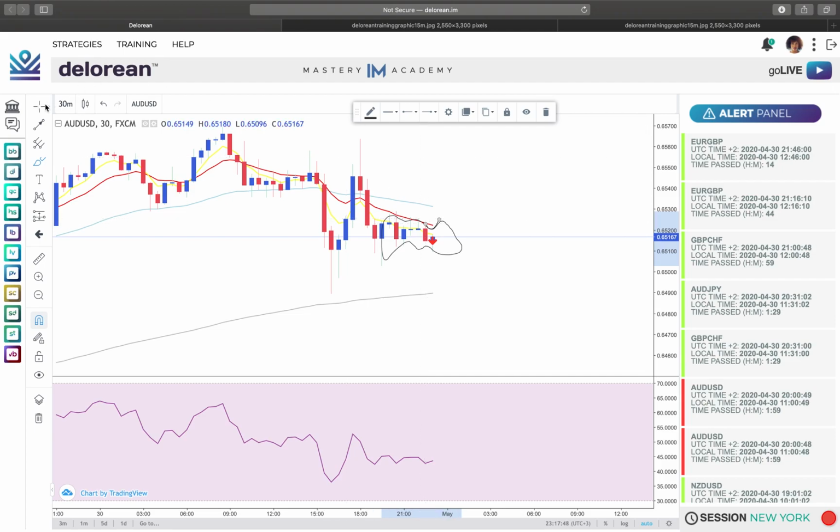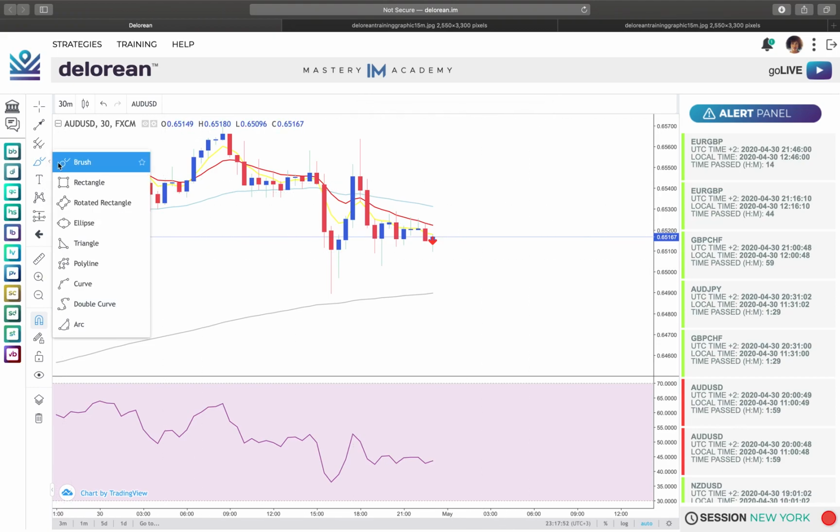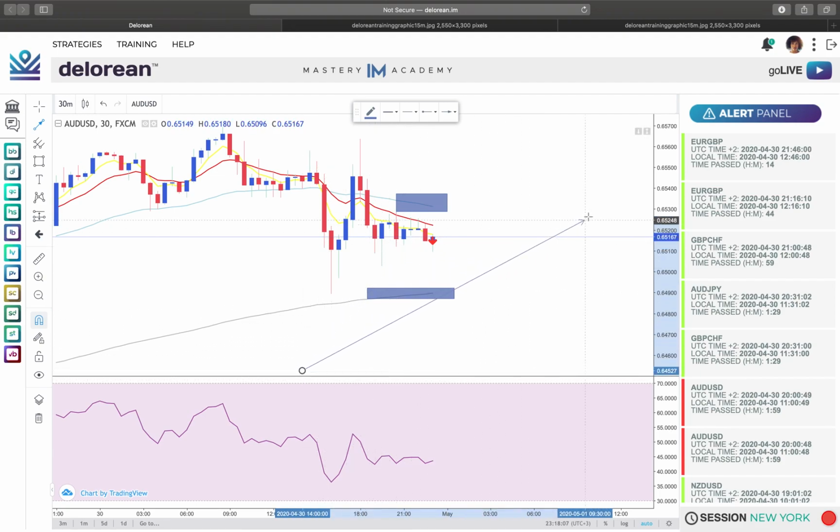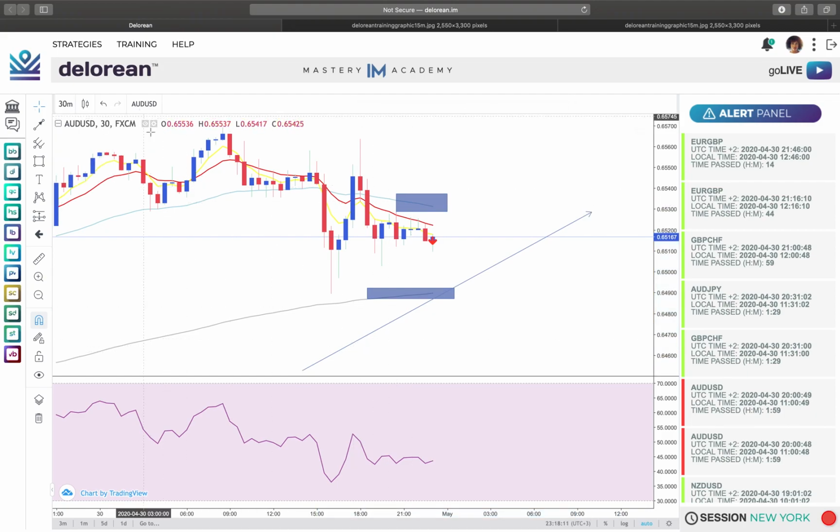So what goes on in Patrick's head for boot camp? Well, how I would look at this is I would say we've got aqua here and we've got gray here. The aqua is above the gray, meaning I'm only looking for upward positions, only looking to buy Aussie dollar.